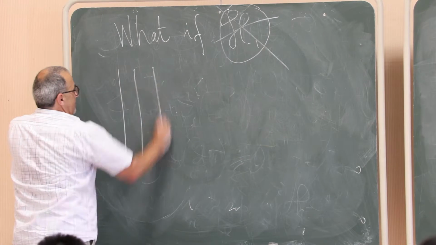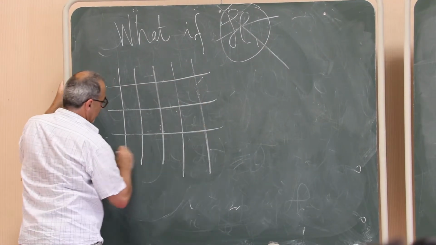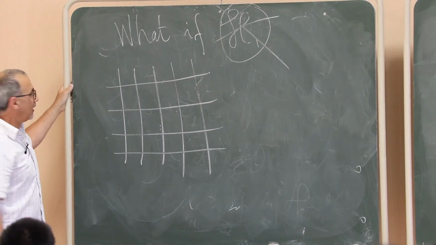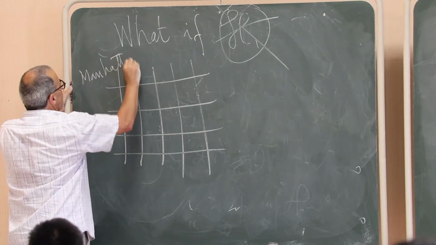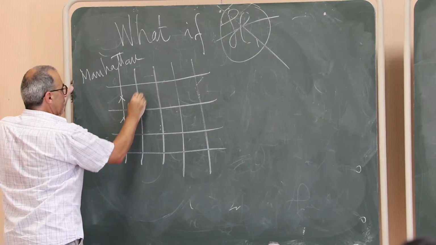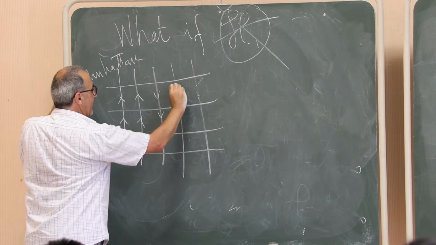One of the examples was the Manhattan. I draw two-dimensional examples because the blackboard is two-dimensional. So this is the Manhattan. Remember, I oriented the avenues randomly.